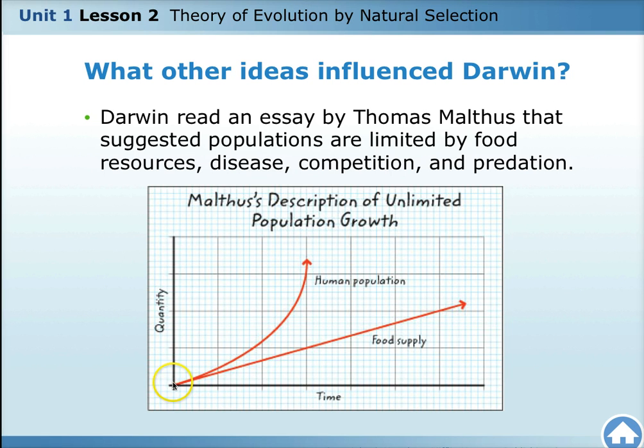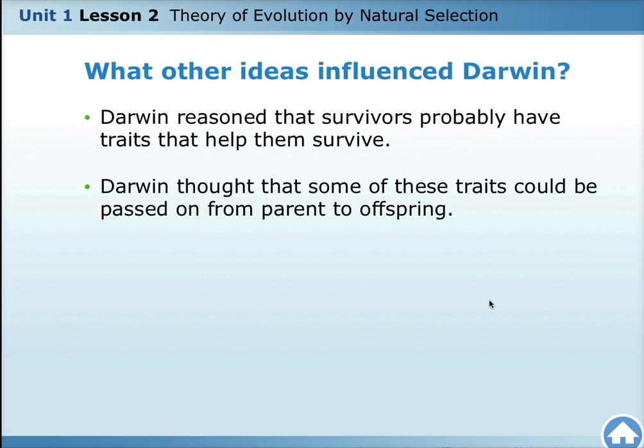If you look here at the graph, we have quantity versus time. For the human population, as time increases, the quantity increases. Notice that the food supply remains constant over time. Darwin reasoned that survivors probably have traits that help them survive. Darwin thought that some of these traits could be passed on from parent to offspring.